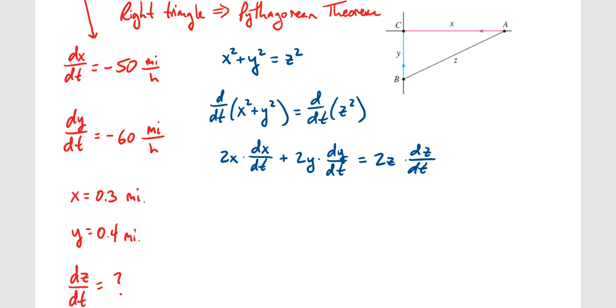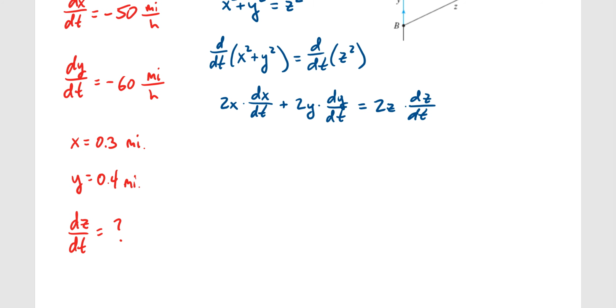Before we look at the variables, I'm going to divide both sides of the equation by 2 because all three of these terms have a 2 in them. Technically, if you didn't do it, it would be fine, but this cleans it up a little bit. So we end up getting x dx/dt plus y dy/dt equals z times dz/dt.